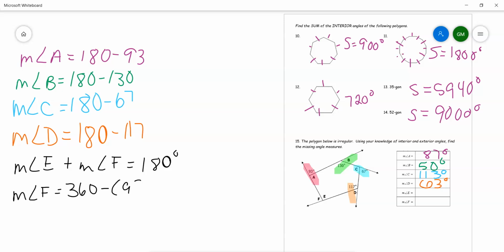So minus 93 plus angle B, which is 50 degrees, plus the supplement of angle C, which was 67 degrees, plus the angle D, which is 63 degrees.